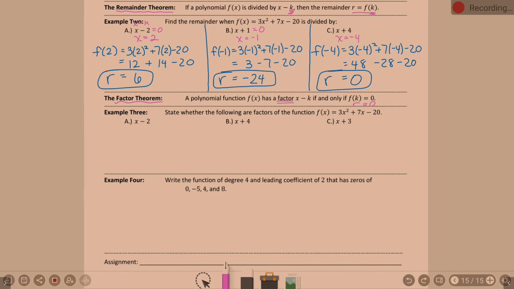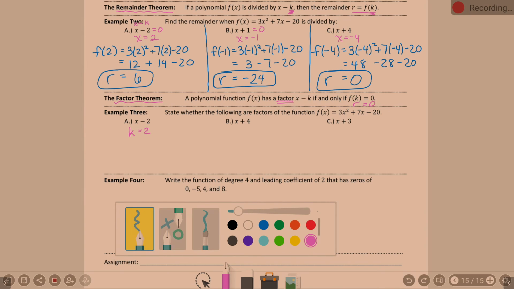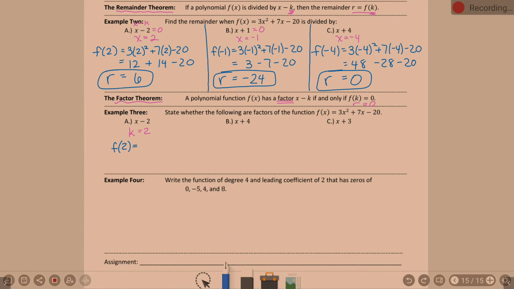Now, are you paying attention? Did you save yourself some work, or are you redoing the same work we just did? I don't know if you caught it or not. So x equals 2, or x minus 2. What's that mean my k value is? K is 2. So that means we need to find f of 2. Did you guys notice this is the same function from up above?